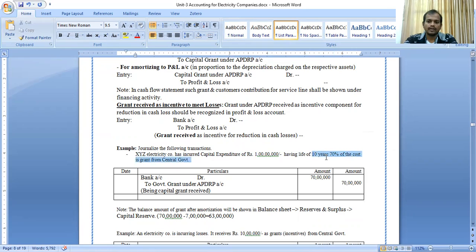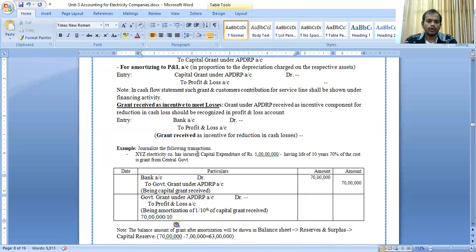So government grant account debit to profit and loss account, being amortization of 1/10 of capital grant received, that is 70 lakhs by 10 years. So it comes to around 7 lakhs.